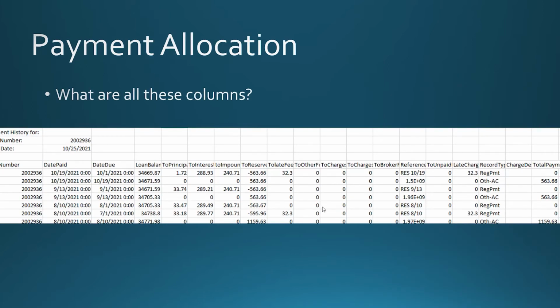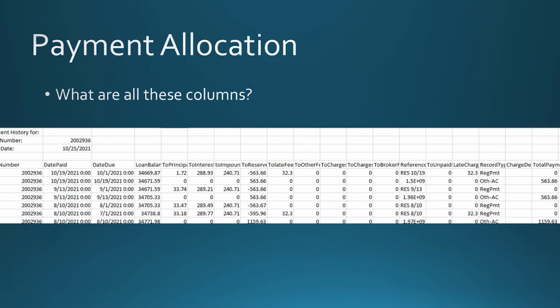So, payment allocation. In this case, I'm looking at an export of a pay history from Madison Management. Going from left to right, they'll usually show the basic information on the loan, the borrower's name, the loan number, and then you can see all these rows here showing the date paid and then the date due, and in the one I'm showing now, they're actually fairly close in sync.